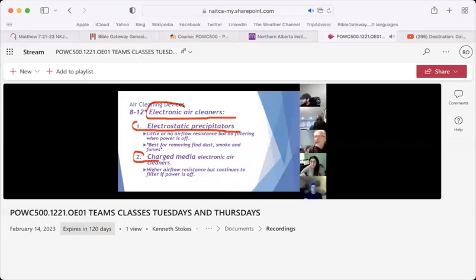Electrostatic has little or no airflow resistance. This is a filter that creates an electrostatic field in a duct. It has some wires or plates, and they're charged with a high voltage. And when the high voltage is present, dust will come in and be attracted to the wires and the plates and stick to the insides of the electrostatic precipitator. Air will easily flow through.